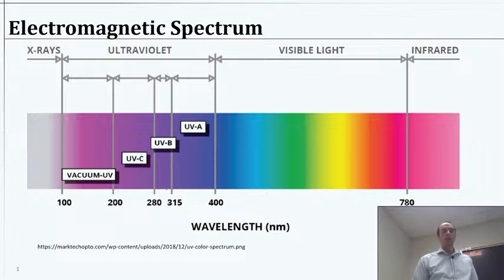Last time we were talking about UV, we talked about the fact that the solar spectrum has a little bit of UV light. And so there will inevitably be a little bit of DNA damage, especially near the UVB range.